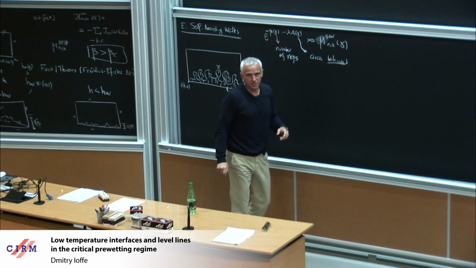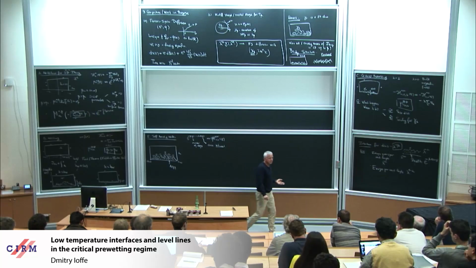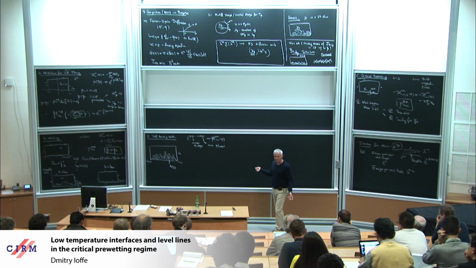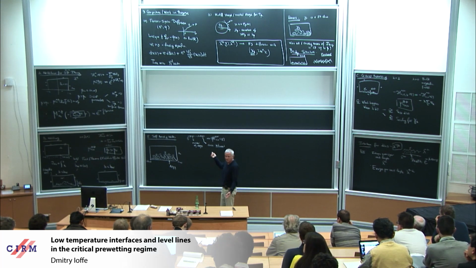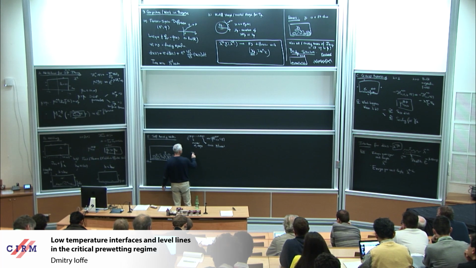Okay? So the first thing is whether this measure is defined at all. Of course that depends on beta and lambda. And I'm taking here beta larger than beta critical.